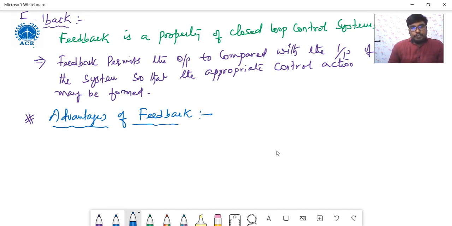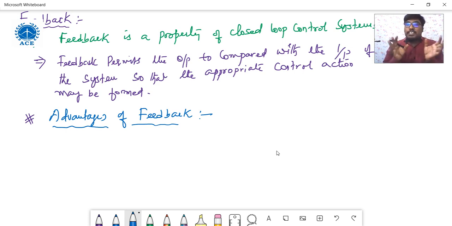See here, we have a few advantages and disadvantages of feedback, but with a condition: it must be designed properly, then only we have the advantages.